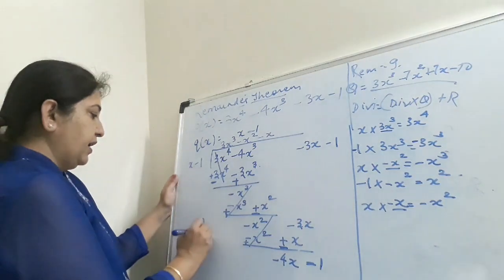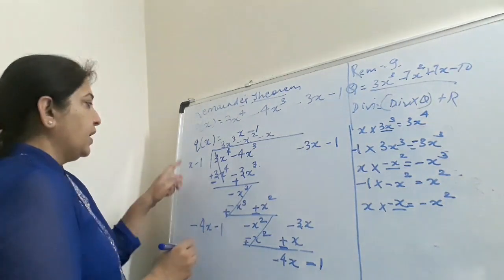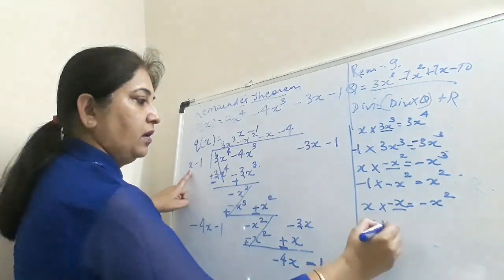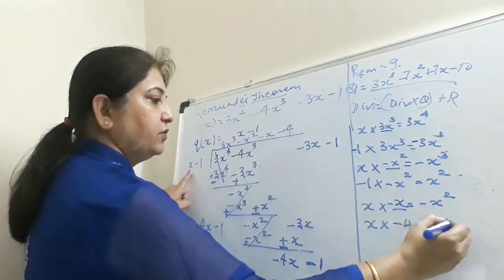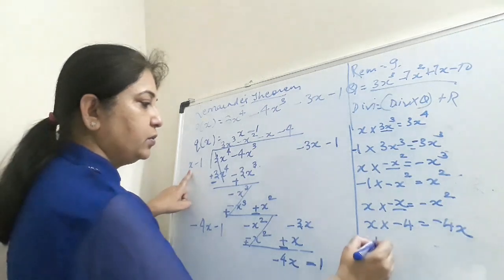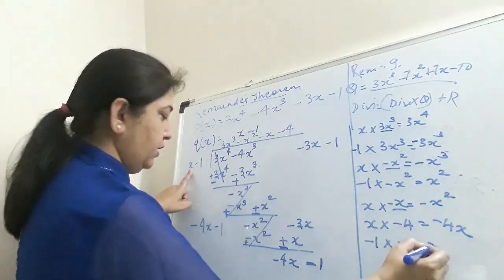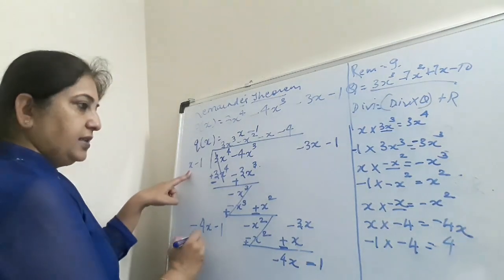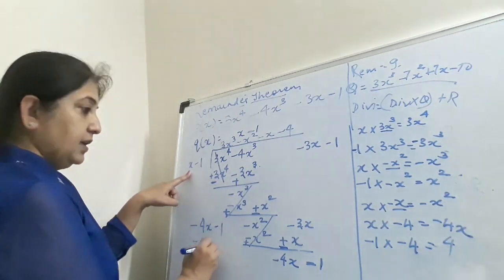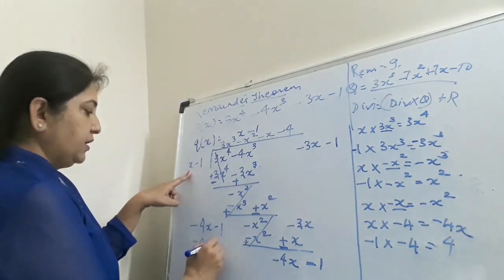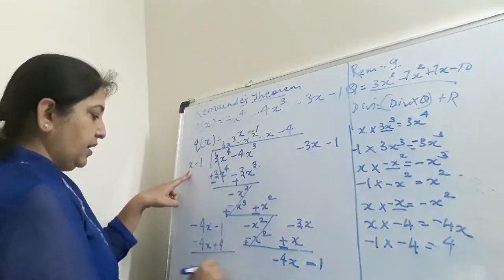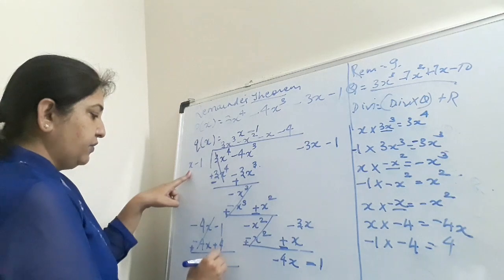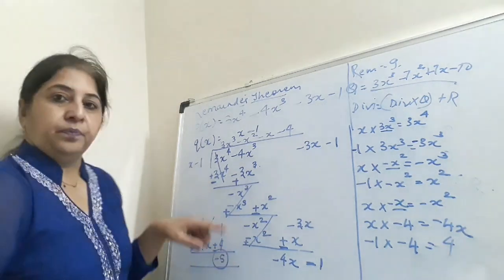I'll write here minus 4x minus 1, x into minus 4 will give me minus 4x, and minus 1 into minus 4 will give me 4. So I will write here minus 4x, and here I write plus 4. Again, change the sign, cancel, minus 5 is the remainder.